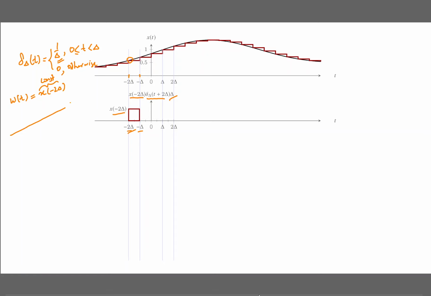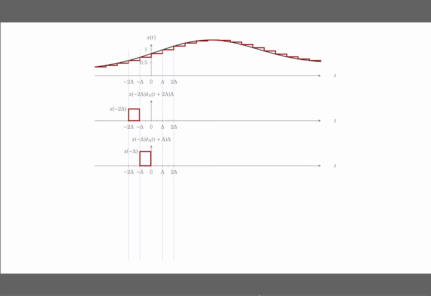If you plot that, you will have a constant with value x(-2 delta). That is why it is very important for us to multiply that by delta delta(t + 2 delta) times delta in this case.